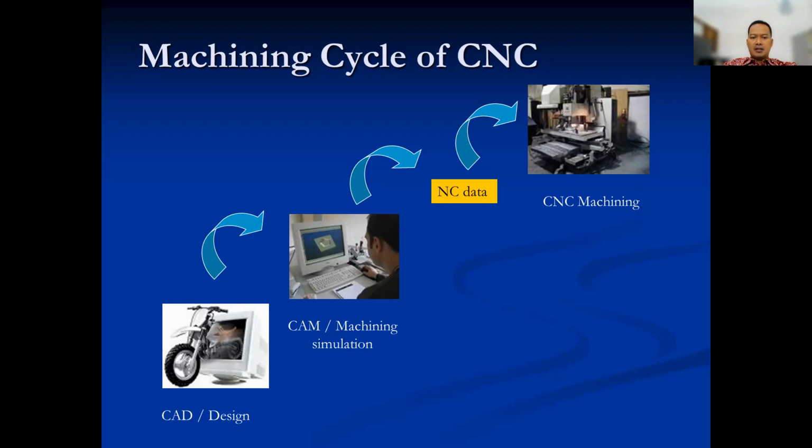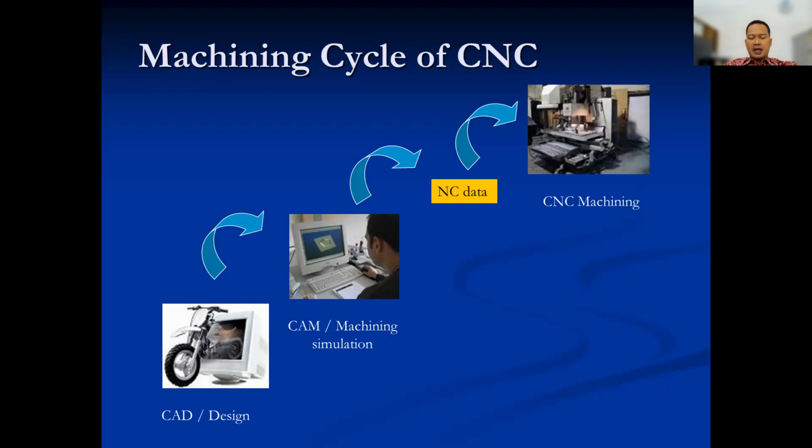As we know, there are several types of 3D design, for example solid design, surface design, and wireframe. For 3D milling, you can prepare it in surface or in solid design.